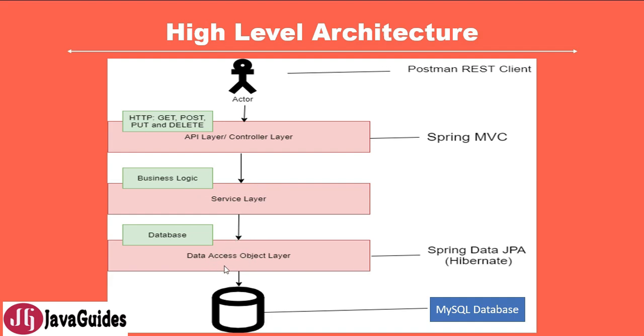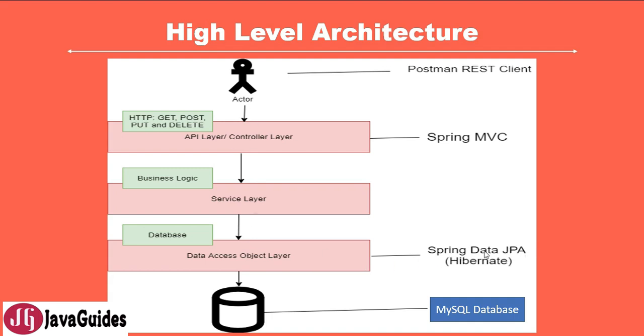And this is the DAO layer, where you keep all your database related stuff. The DAO layer is basically responsible for establishing a connection with the underlying database, and it performs CRUD database operations.